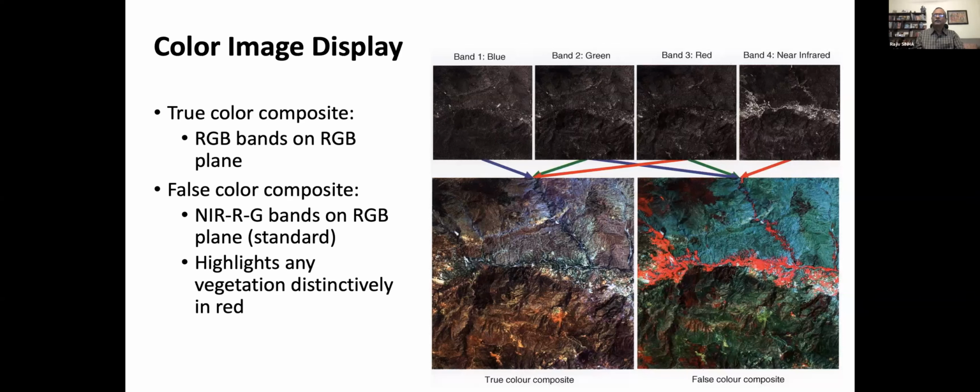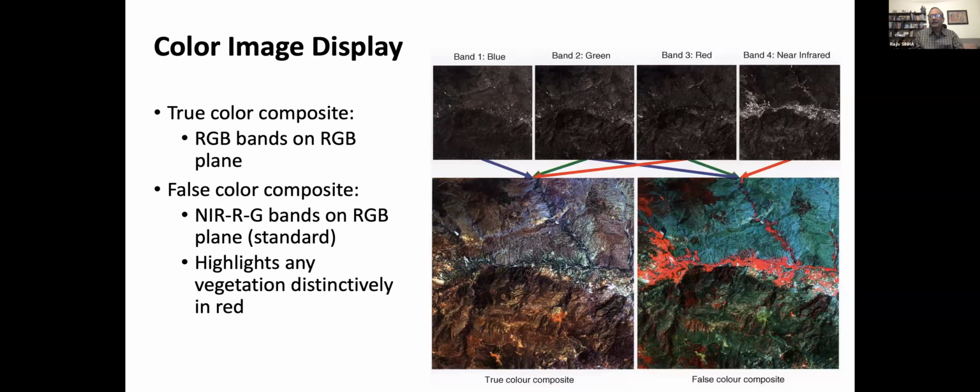Now we color code each of these bands in different colors. When you code the same band in the same color, for example blue in blue, green in green, and red in red, then we generate what is called a true color composite.